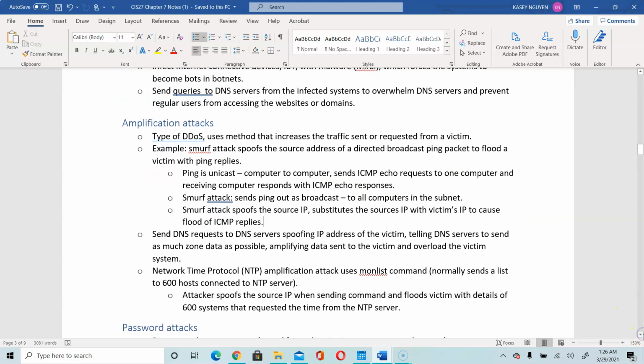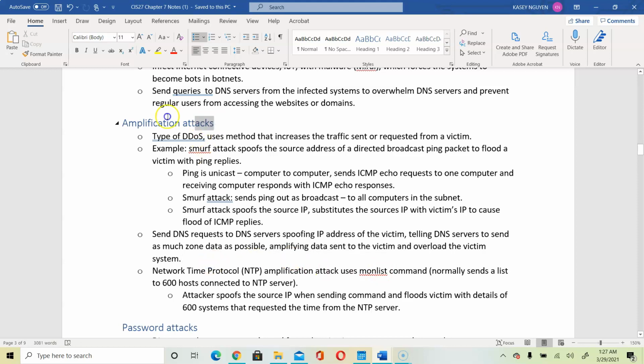And in the amplification attack, that can be done also on a DNS server. So on a DNS server, the DNS sends to other DNS servers, and if the IP is spoofed with the victim's address, the DNS would then have to send it to the zone using the zone record, and the amplification of data being sent to the victim will overload the victim system.